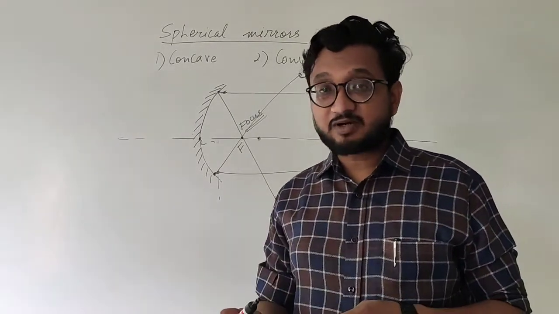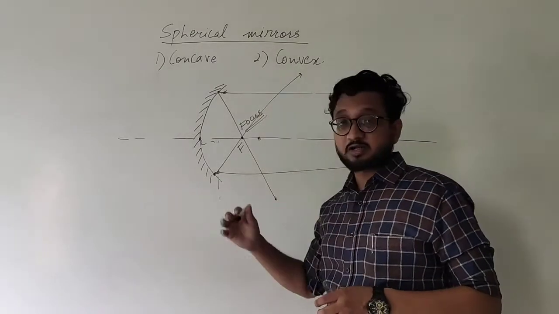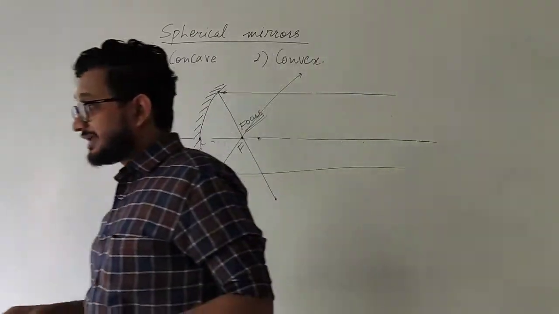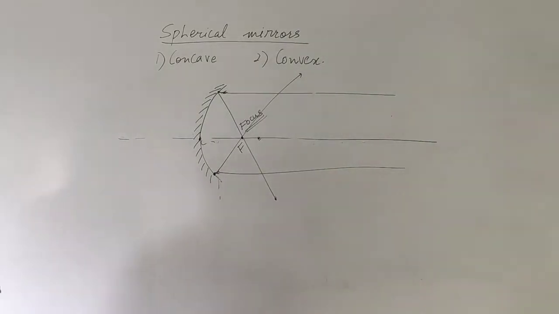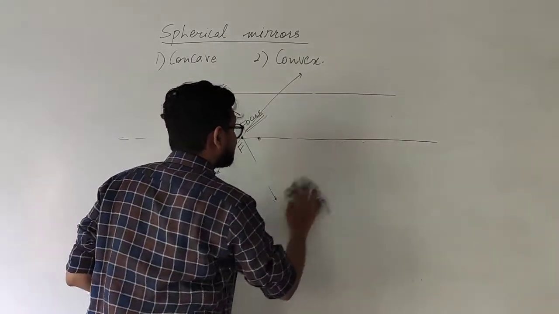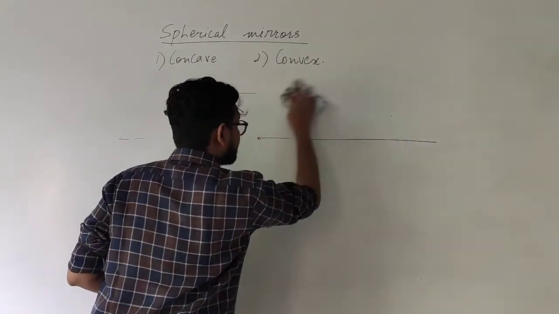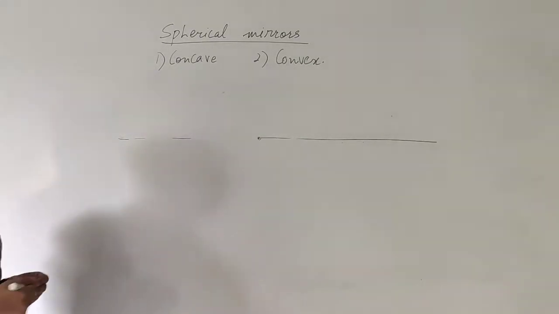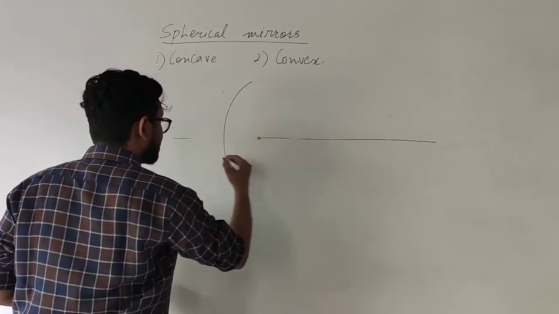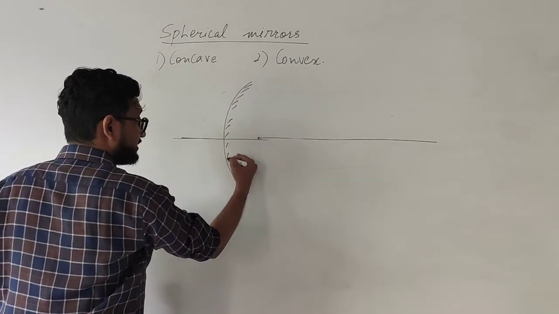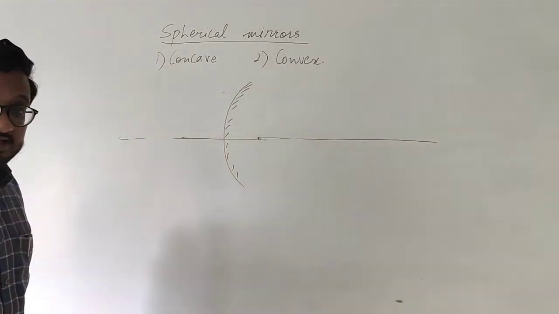Now, in the different case, that is the convex mirror, this is the exact opposite of what is happening. Okay, so let's see how a convex mirror disperses the rays of light. Once again, I have a spherical mirror, but the only difference is now the rough surface is inwards and the shiny surface is outwards.